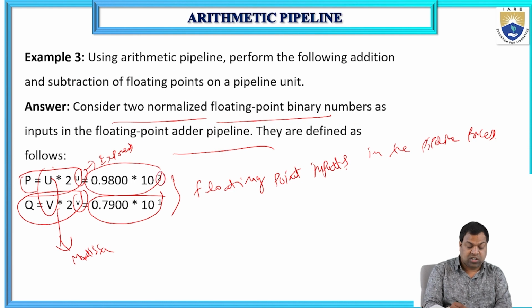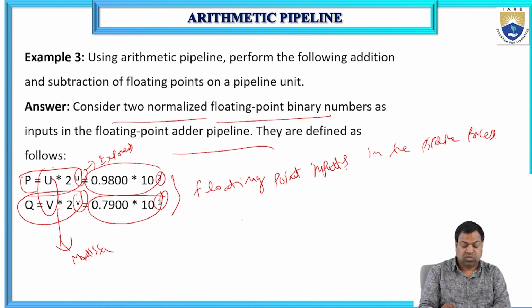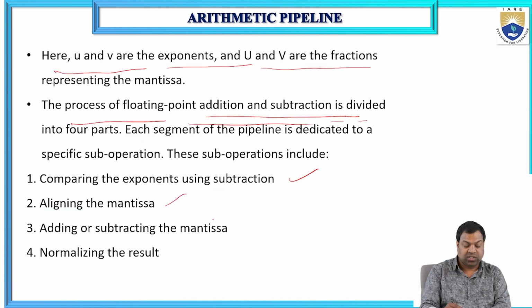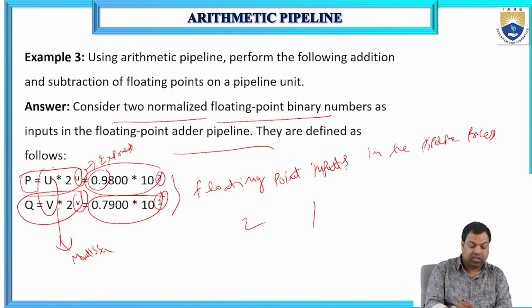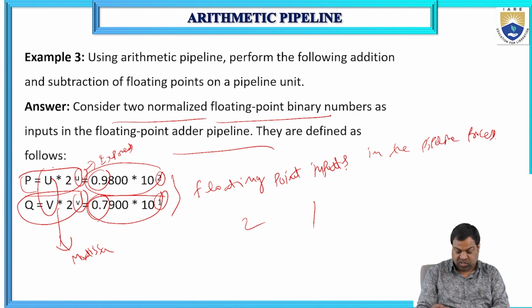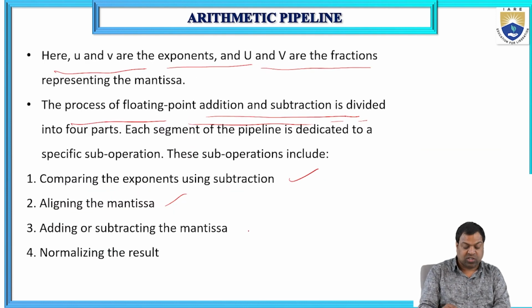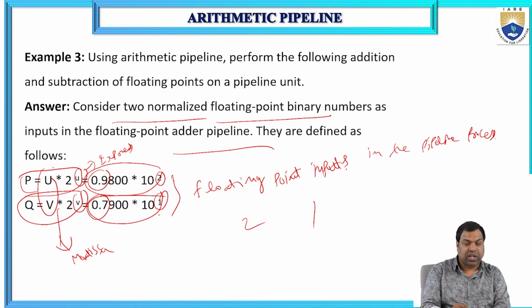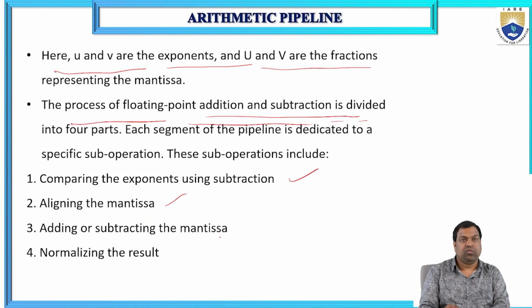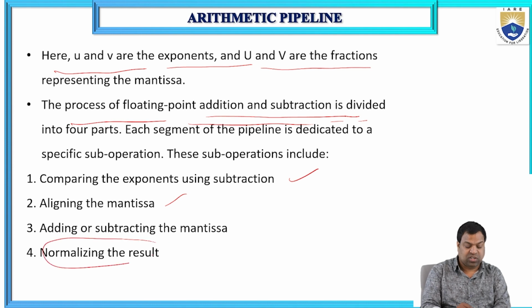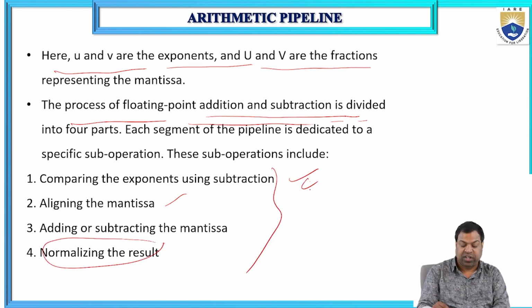What is exponent value here? 2 and here 1. Align the mantissas. So mantissa here 0.9, here also 0.7. So there is nothing will happen. And adding or subtracting the mantissas. If it is not balanced, we have to add or subtract. If balanced means no need. After the addition and subtraction, normalize the result. That is the fourth condition. So four sub operations we need.